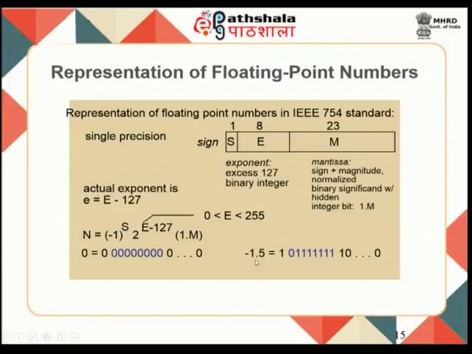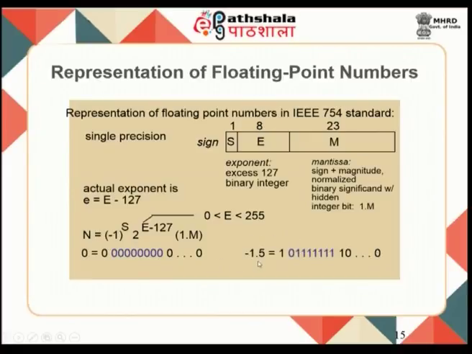When you convert 1.5 in decimal into binary, it is going to be 1 and 0.5 is going to be converted this way, so you have 1 0 0 0 indicating that it is 0.5.